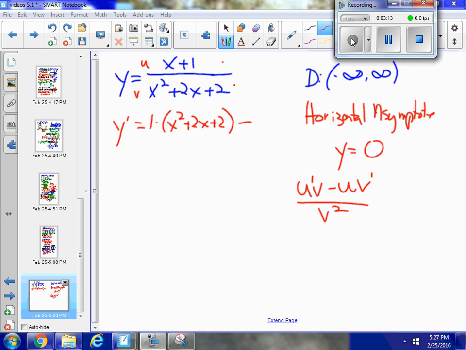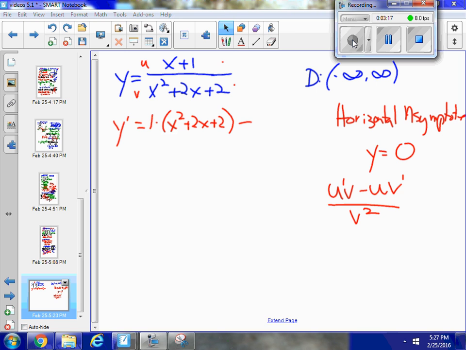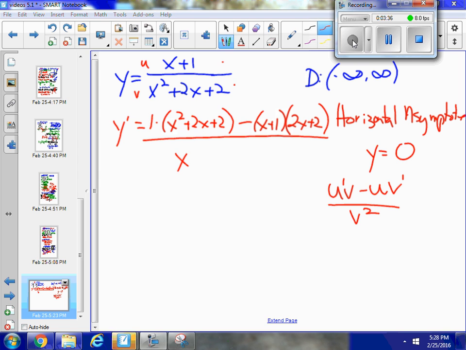And I'm subtracting from that u, which is x plus 1, times the derivative of v, which is 2x plus 2. And all of that is over x squared plus 2x plus 2, squared.